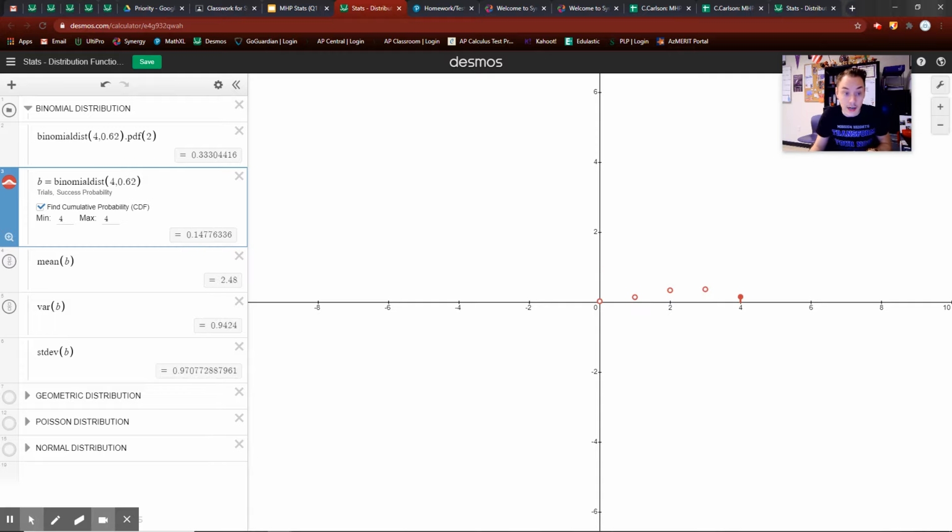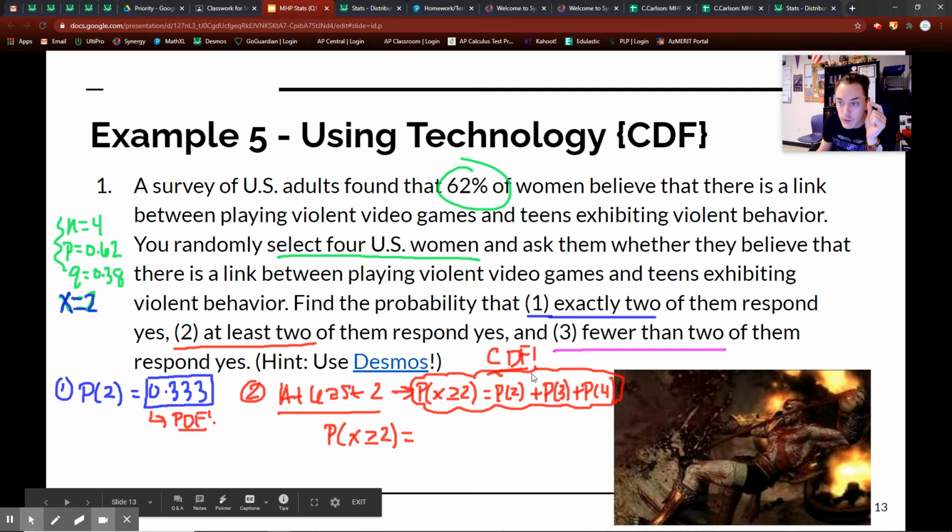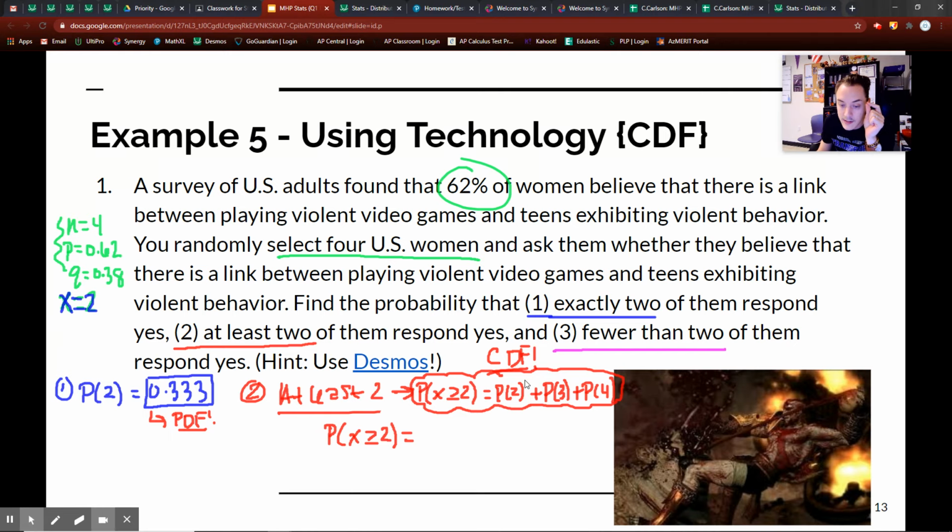That doesn't change. What changes is the min and the max. Now, what's my minimum? Follow my mouse. My minimum is what value? What number is this? It's 2. What's my max? What number is this? It is 4. So what's my min? 2. What's my max? 4. That's what it is.